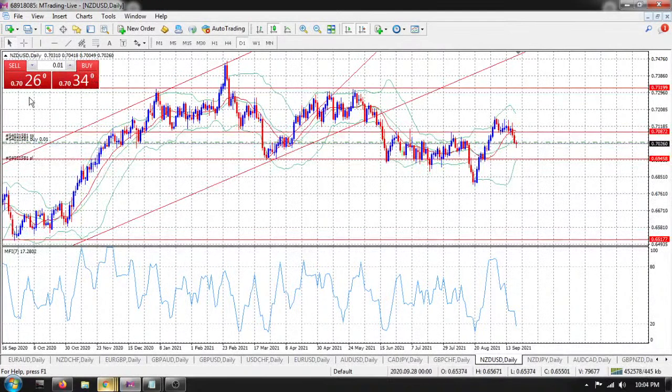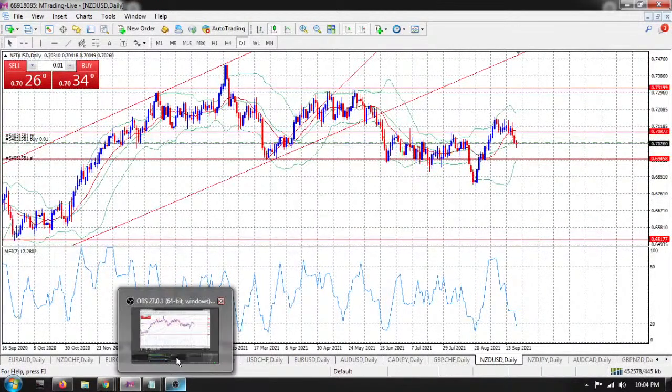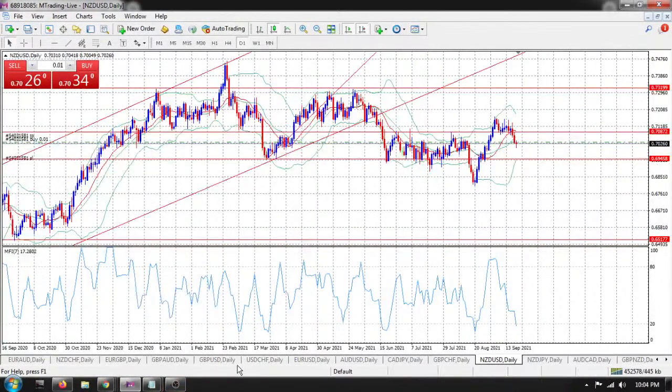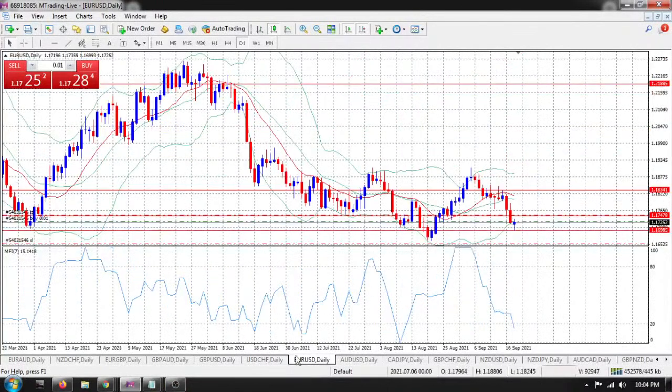All right, so apart from that, we also have Euro USD, which is doing similar for the day. If you look at Euro USD, likewise, for a long time, this support level is a place whereby it's a turning point.